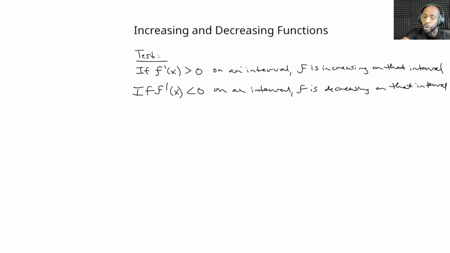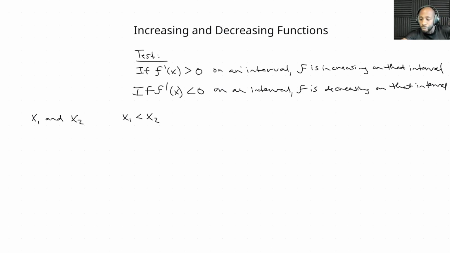Say, for example, you have two numbers on an interval, the domain of a function, two x values on an interval such that x1 is less than x2. In other words, it could be x equal to 1 and x equal to 2, whatever it is, just that x1 is less than x2.